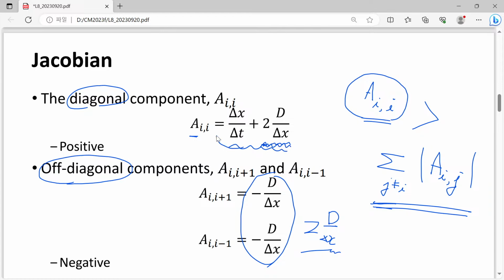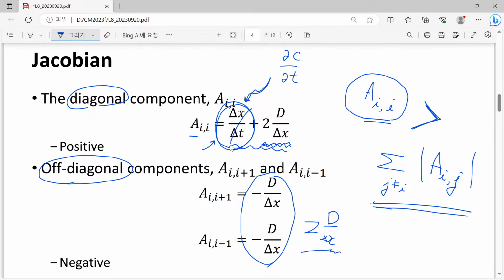But in this case we have an additional delta x over delta t. What is the physical origin of this component? Why do we have this one? This is obtained from our partial derivative term. So when we consider the time derivative terms, we have an additional positive component added to the diagonal component. That's the reason why we have the strict inequality.